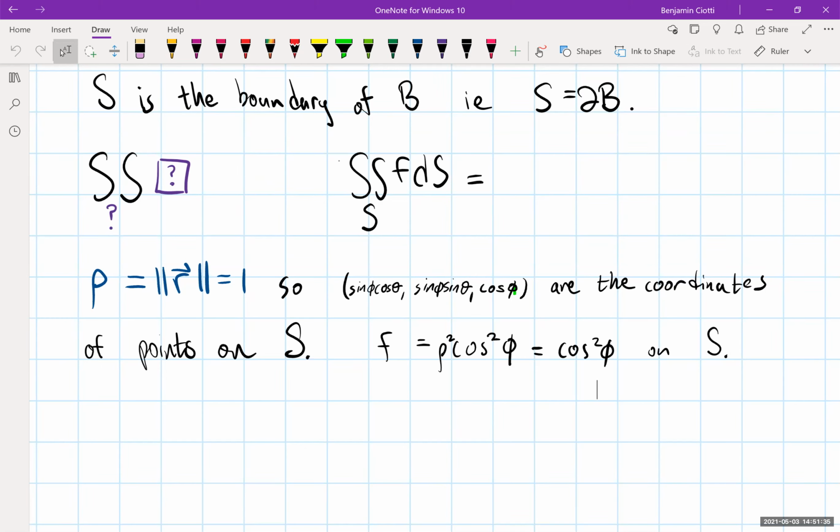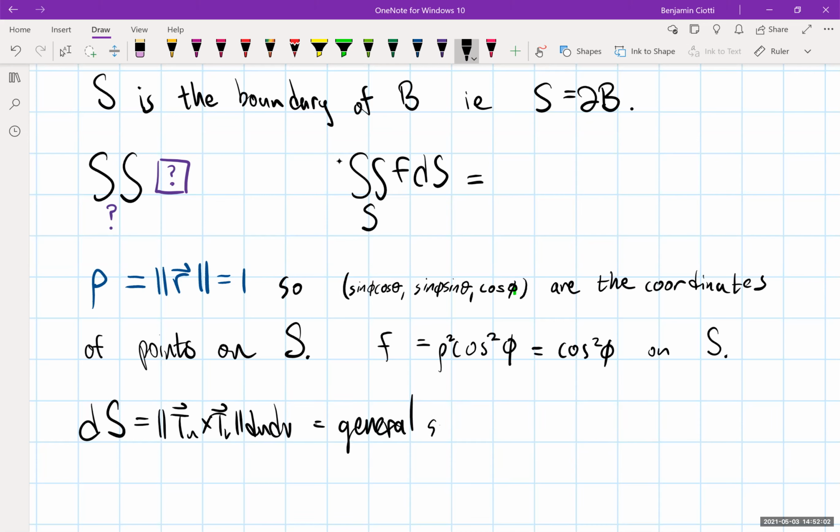That's why it's usually not as simple as just integrating that, because depending on the parameterization, you'll have a different surface area element dS. In general, it's equal to |Tu cross Tv| du dv. This is the general surface area element.